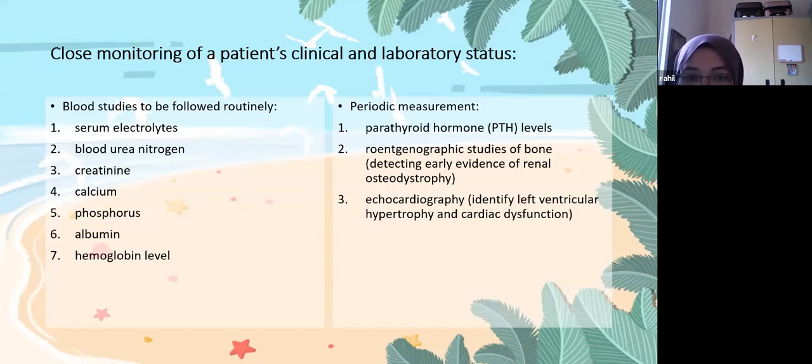We also need to do periodic measurement of parathyroid hormone, and X-ray of bone, to detect early evidence of osteodystrophy. Echo should also be performed periodically to identify any cardiac complications of CKD, such as left ventricular hypertrophy and cardiac dysfunction.